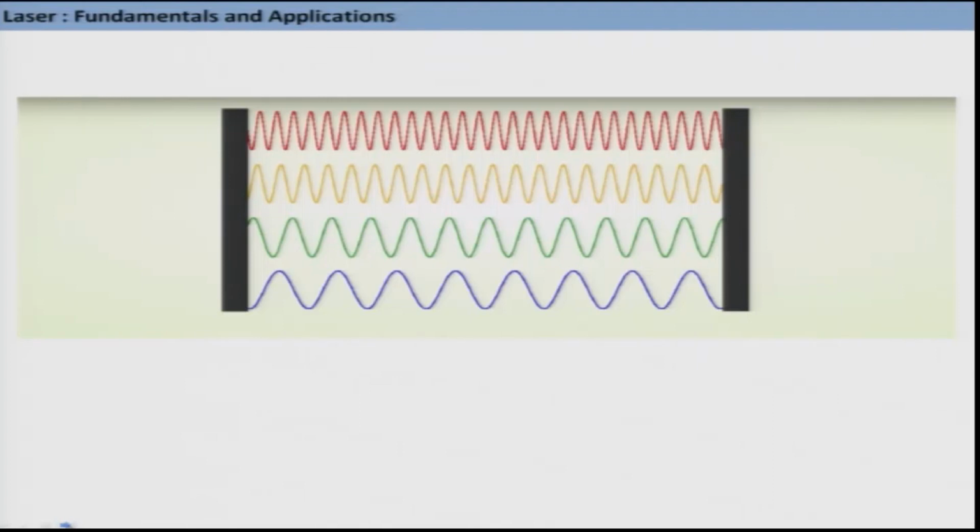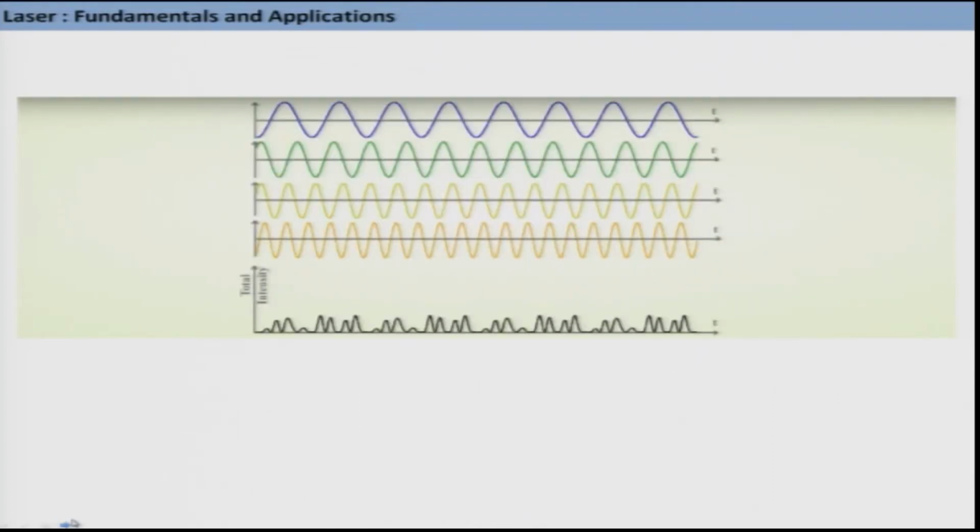The kind of modes that we have chosen will not do that. So, the result will be a random intensity, like a fluctuation, due to mostly destructive interference. This is what is shown here, the result of interference.